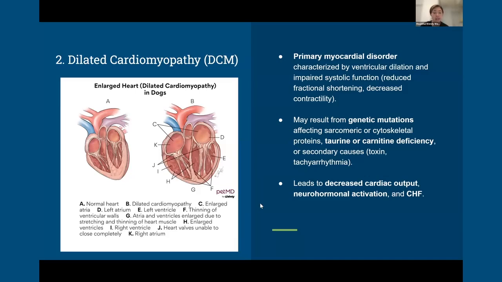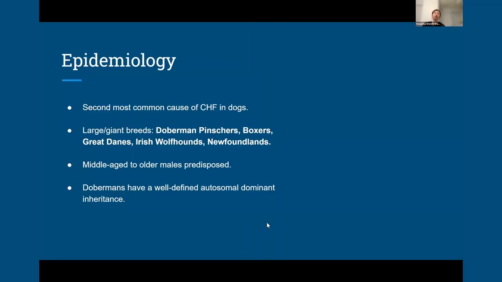The right ventricle is often more affected than the left ventricle. And when the right ventricle is enlarged, unfortunately, this will cause backflow into the abdominal cavity, which then we'll see ascites.